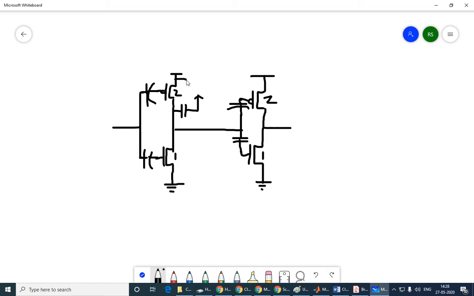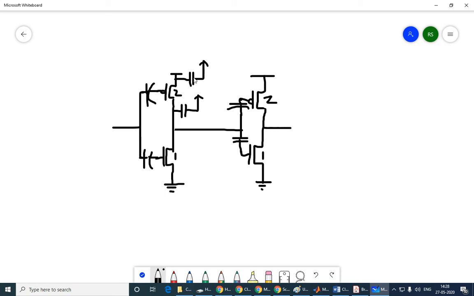Now the same thing I can do here also, but if I do that, you will notice that the capacitance terminals, this side is connected to VDD. Now this side, because the bulk is connected to VDD, this is also connected to VDD.